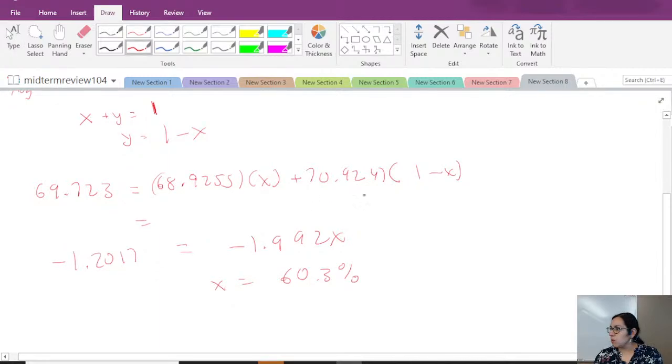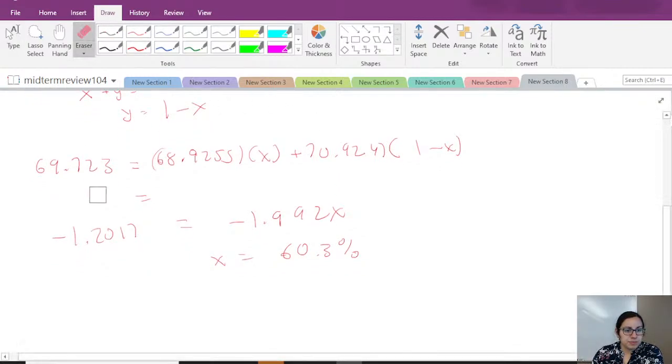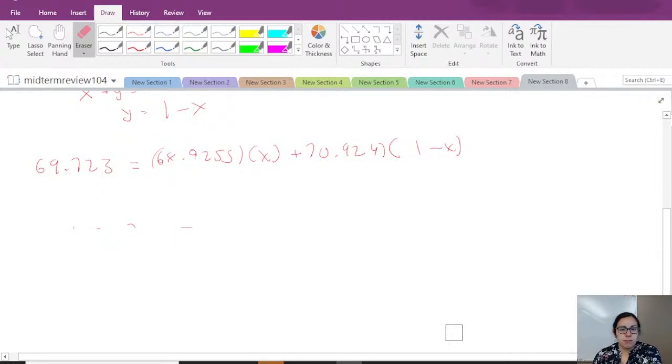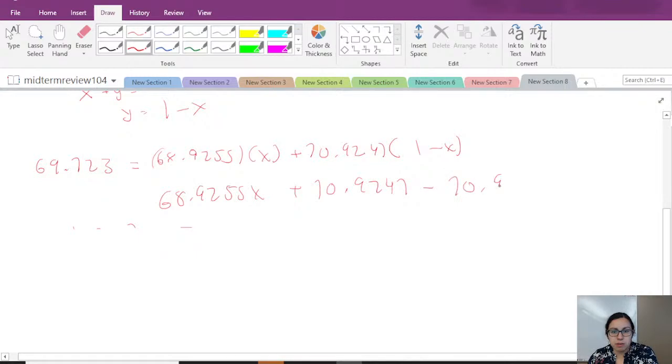Again, just distribute the minus x, so I subtracted 69 minus 70. Starting from here, we have 68.9255x plus 70.9247 minus 70.9247x.